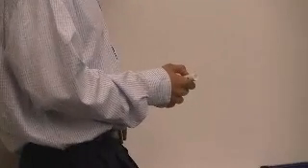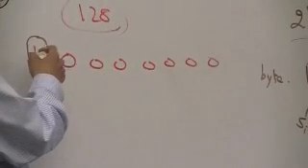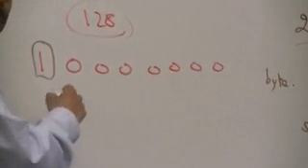Negative 127. Negative 128. Okay, the way it is computed is the sign bit: once you have a 1 for the sign bit, it basically means it's a negative number.